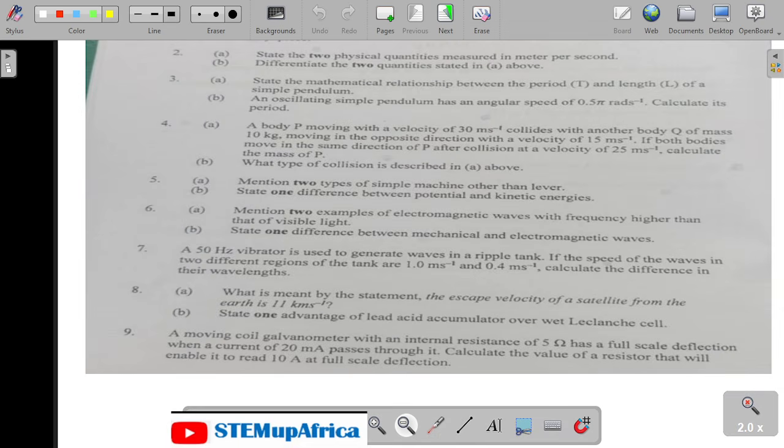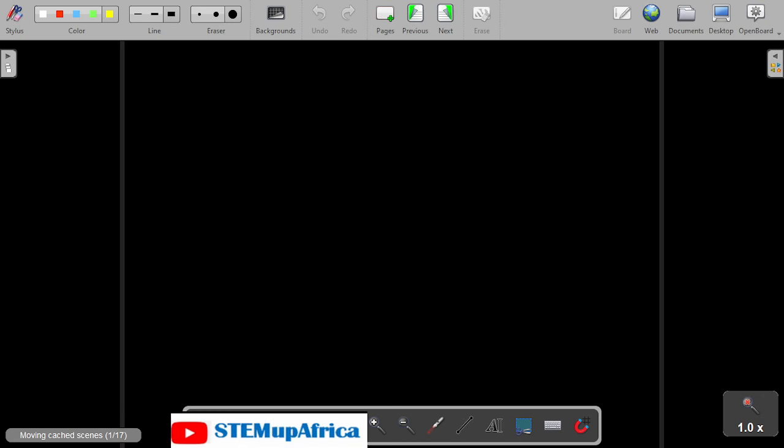Question 7 says a frequency vibrator is used to generate waves in a ripple tank. If the speeds of the waves in two different regions are these, calculate the difference in their wavelength. You can start to solve it directly, or you can illustrate with a diagram first.